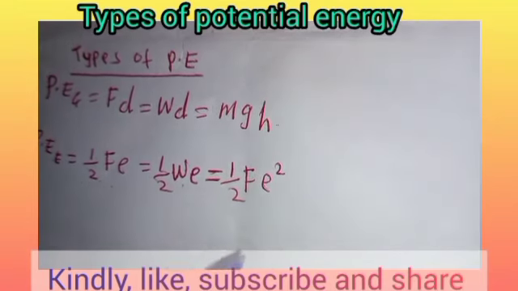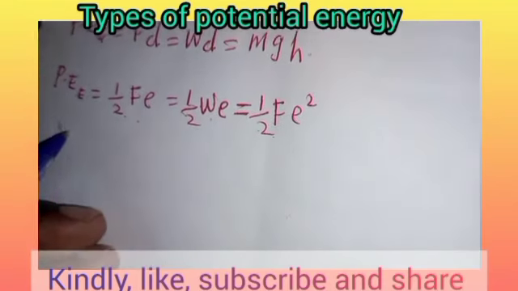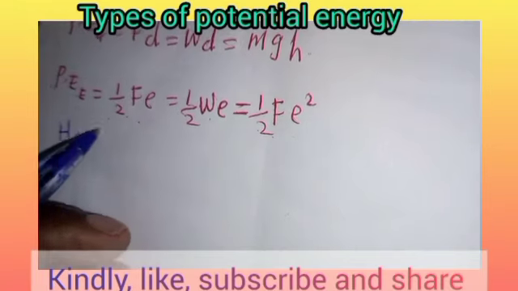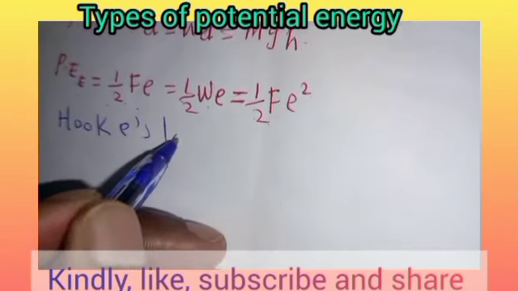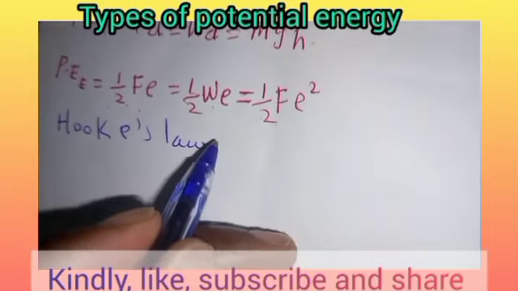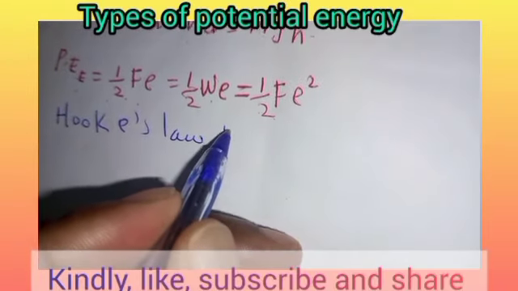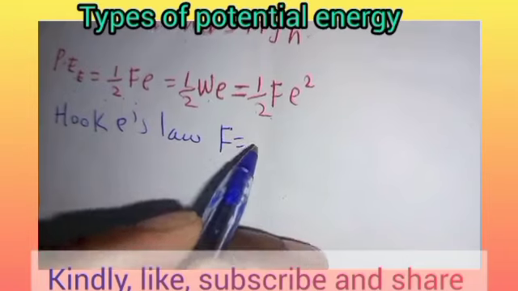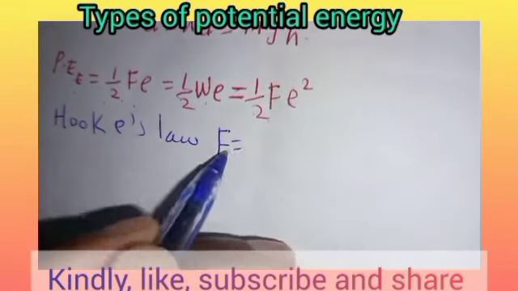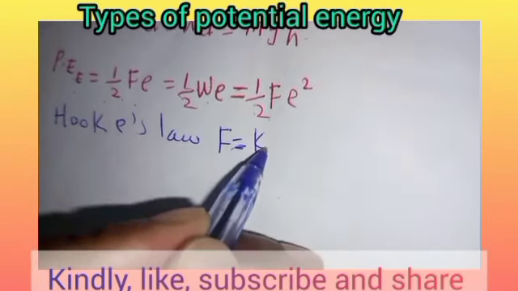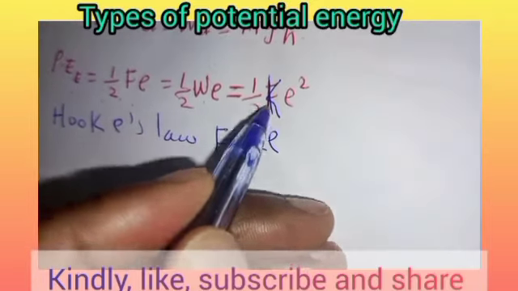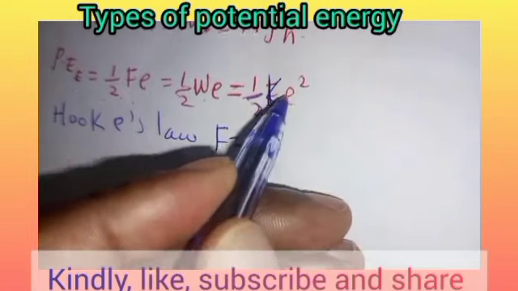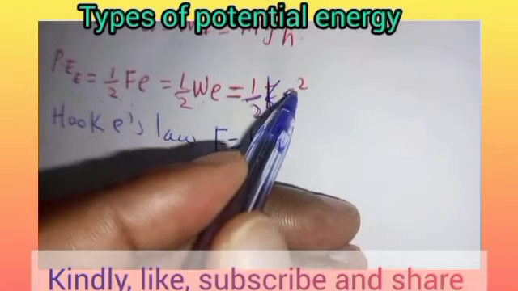We can also give it using Hooke's law. From Hooke's law, which says that force is equal to Ke, where this is K, the elastic potential energy is half Ke squared.